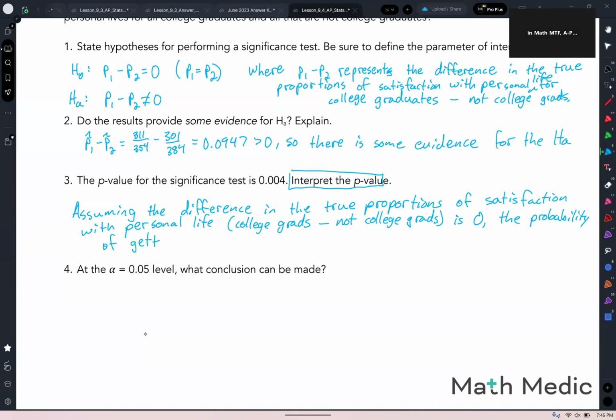The probability of getting P1 hat minus P2 hat being greater than 0.0947 or more extreme, P1 hat minus P2 hat being less than negative 0.0947, right?